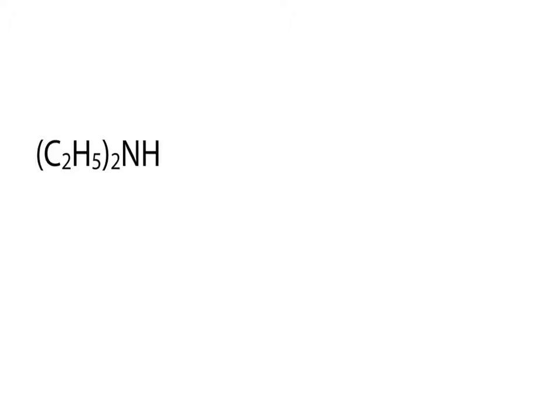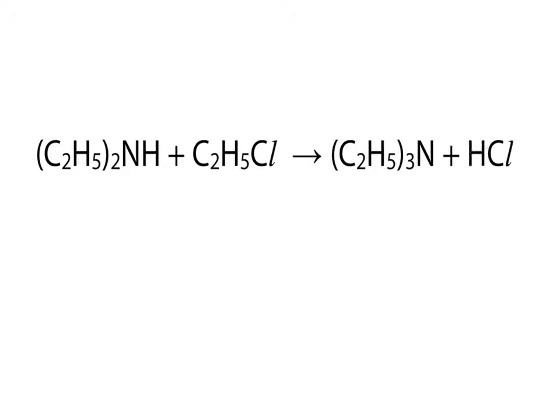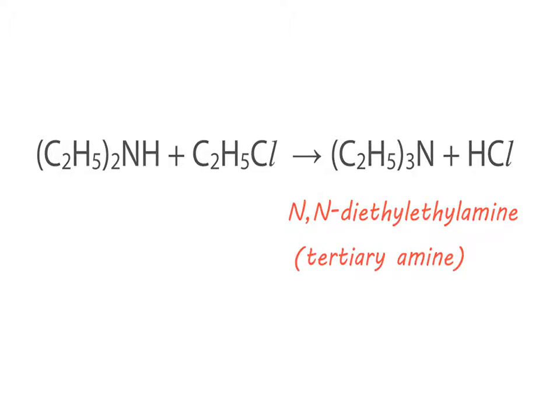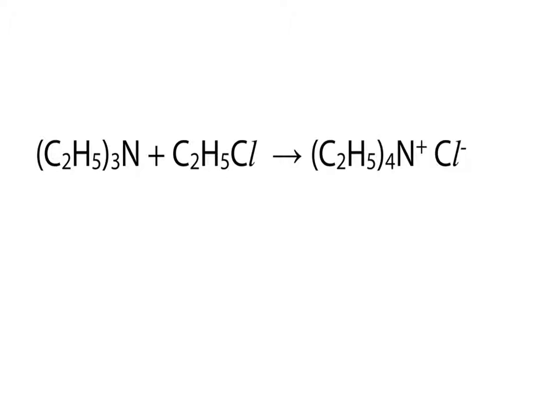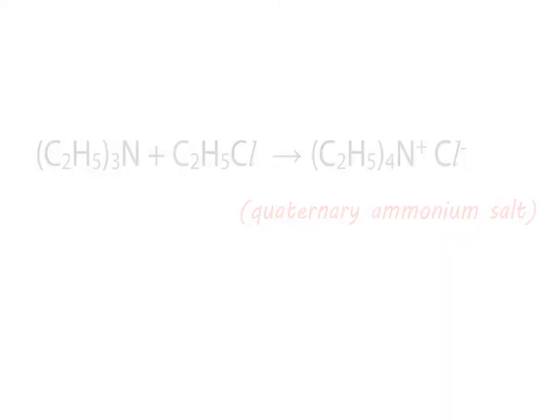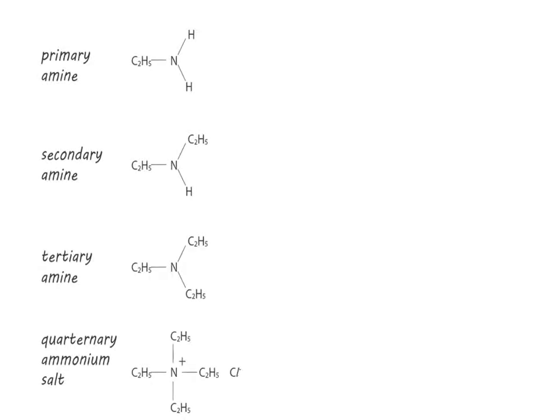This secondary amine can then react with the haloalkane to produce a tertiary amine. And this tertiary amine can react with the haloalkane to produce what is known as a quaternary ammonium salt. Consequently, when reacting a haloalkane with ammonia, a multitude of products are formed.